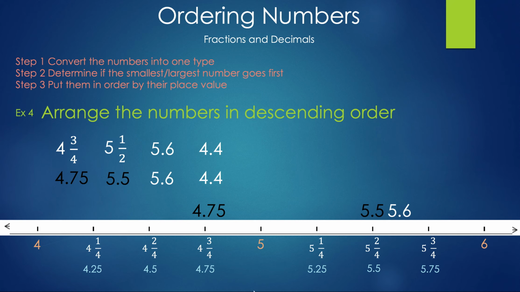And we can take a look at 4.4, which is in between 4.25 and 4.5. Place it about there. Now we can place them in descending order, which is from biggest to smallest. Now we need to convert the numbers in black to the original numbers. So we have 5.6, 5 1/2, 4 3/4, and 4.4.